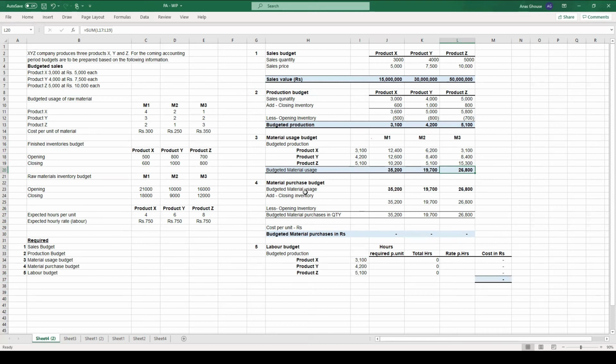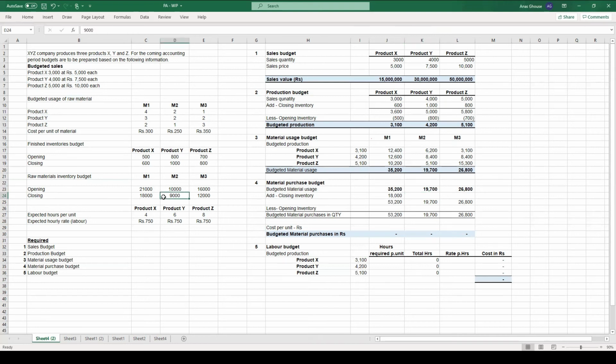Simply, you need to base this on the material usage budget, which is 35,200, 19,700, and 26,800. Then you are given the material inventory budget, opening and closing. So what you need to do is add back the closing inventory, which is 18,000.